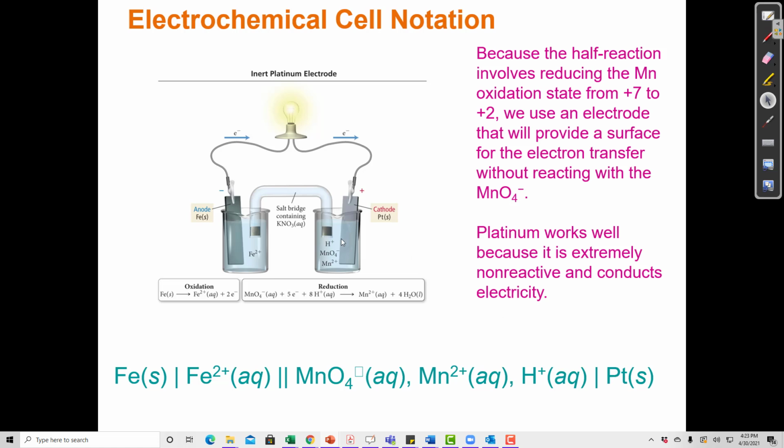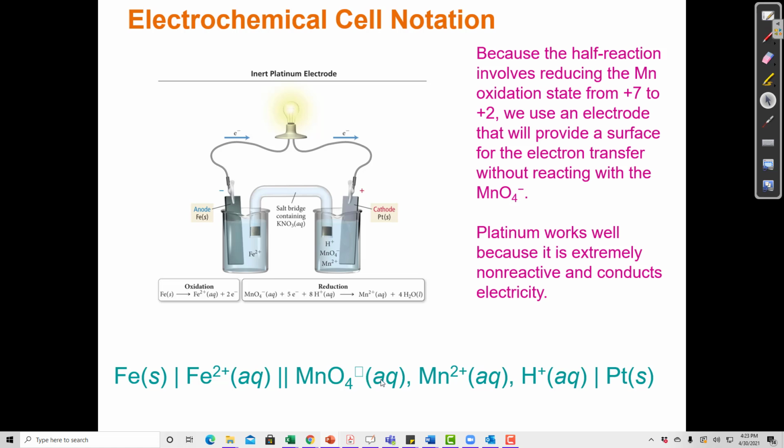And the other thing to notice here is that in this reaction, the things that are in solution in my redox reaction are manganate. We don't have to put in electrons. So manganate, H plus, and manganese. All 3 of those things should be in here, and they're all in the same phase. They're all dissolved.